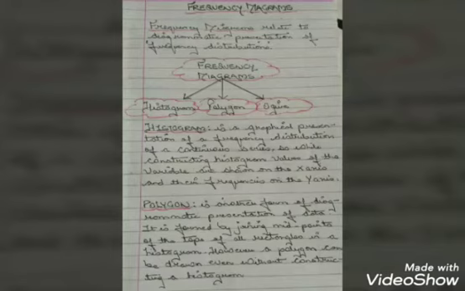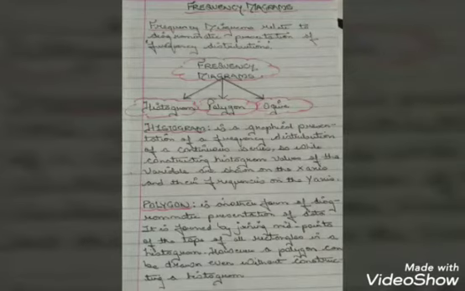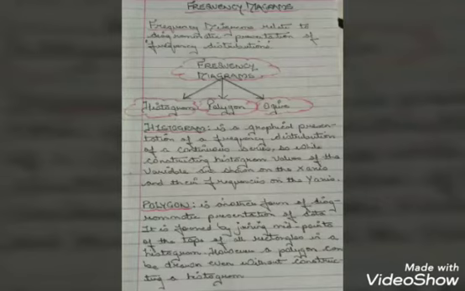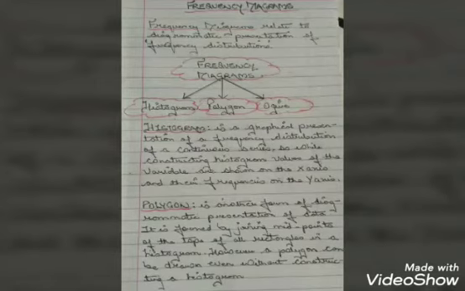So children, to begin with the first one, a histogram is a graphical presentation of a frequency distribution of a continuous series. While we construct a histogram, we take the values of the variable on the x-axis and the frequencies on the y-axis. They are shown by rectangles.